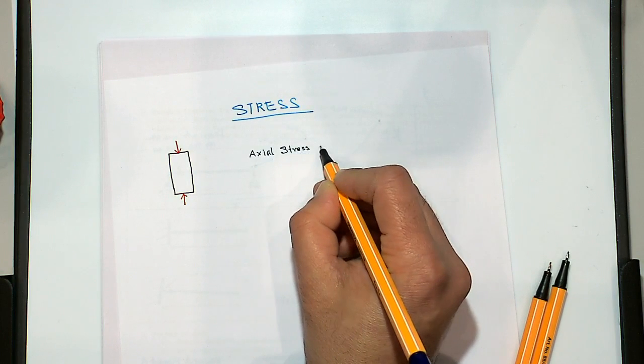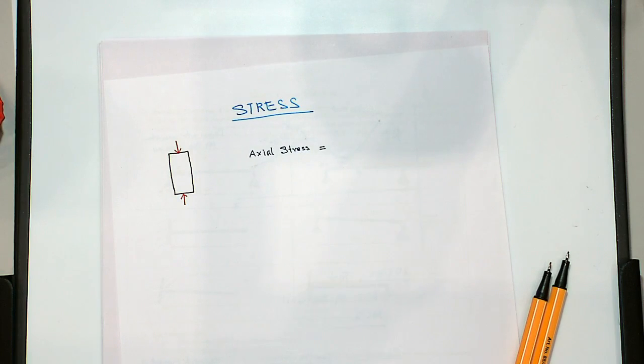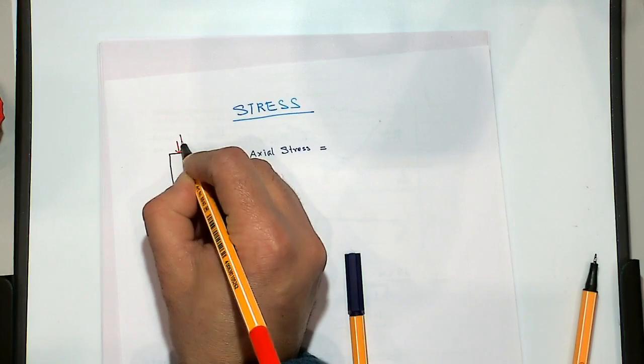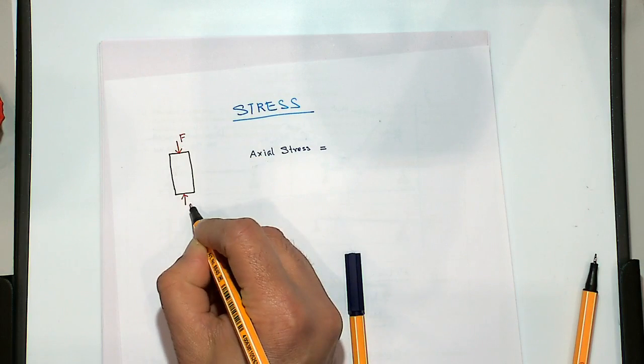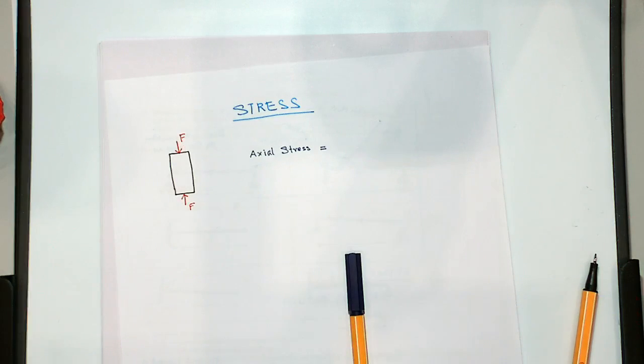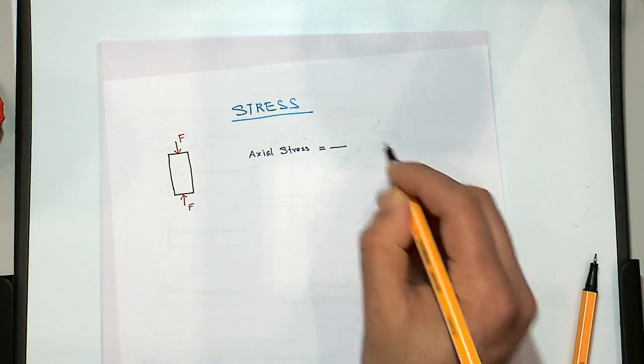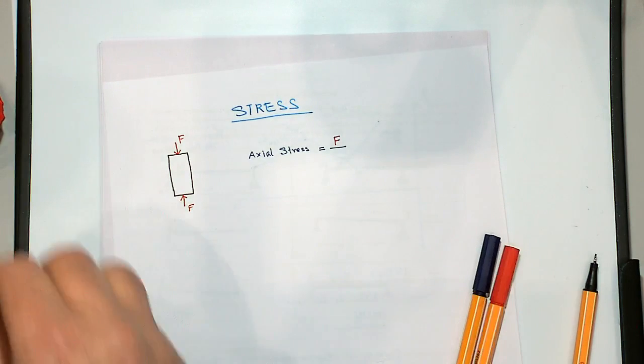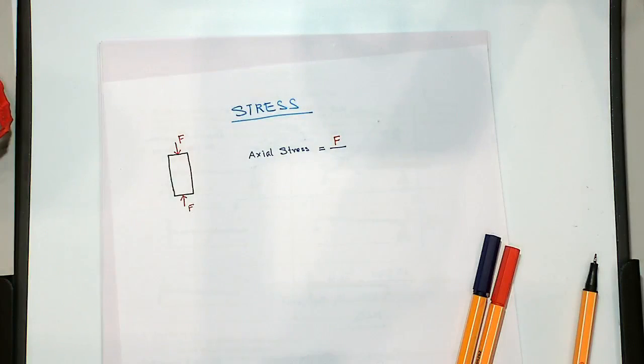So this axial stress would be equal to the load that you apply. Let's say this load is force F. So this axial stress will be the load that you apply, which is F, divided by the cross-sectional area.